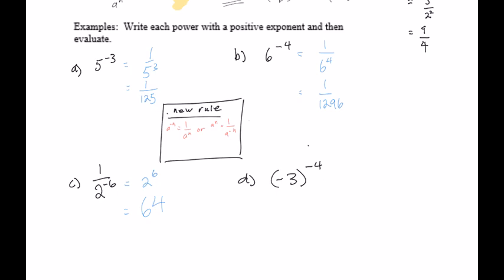And now, let's calculate this next one. We have negative 3 raised to the negative 4. So we're going to use our rule, and we're going to have 1 over negative 3 in brackets still, but now instead of having negative 4, we have positive 4.